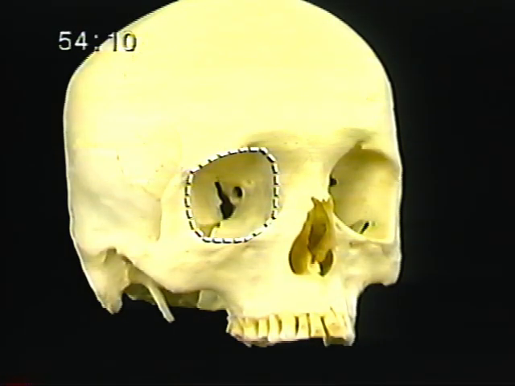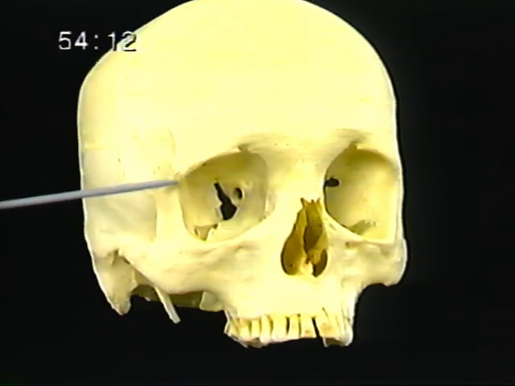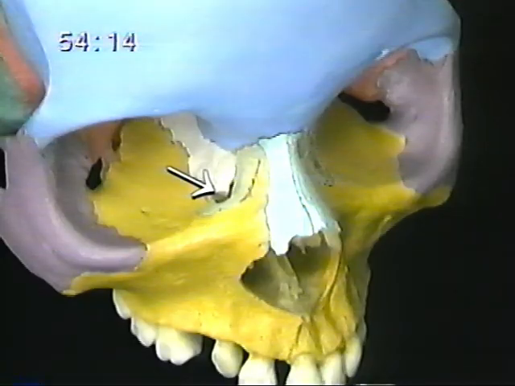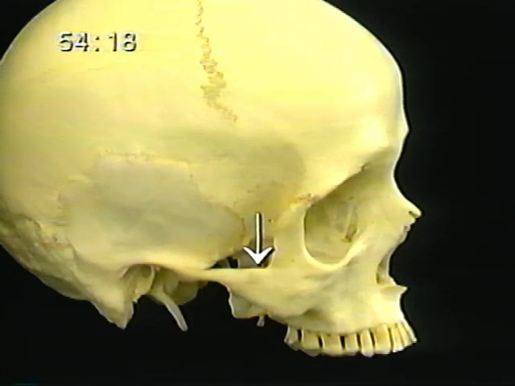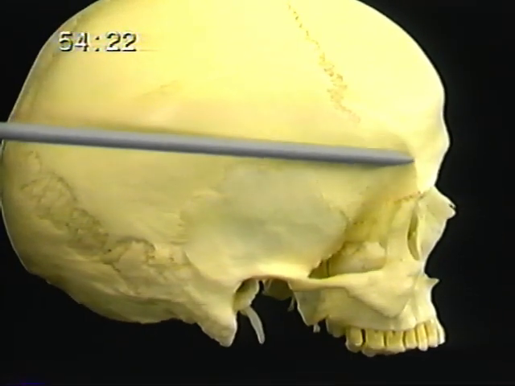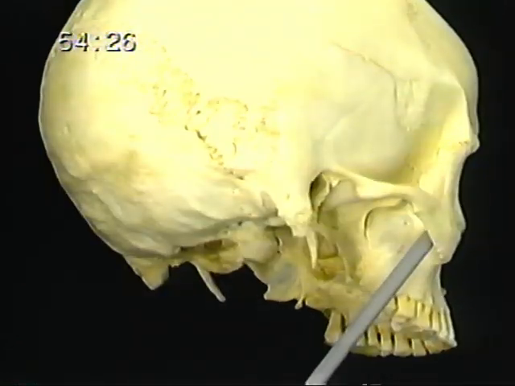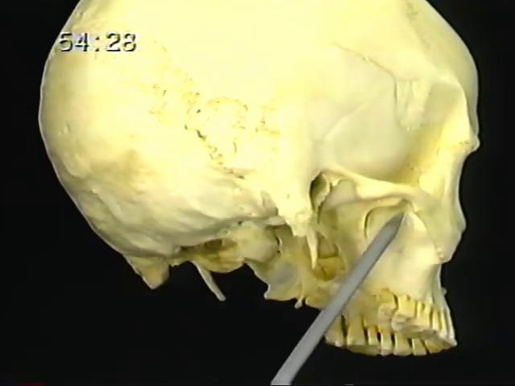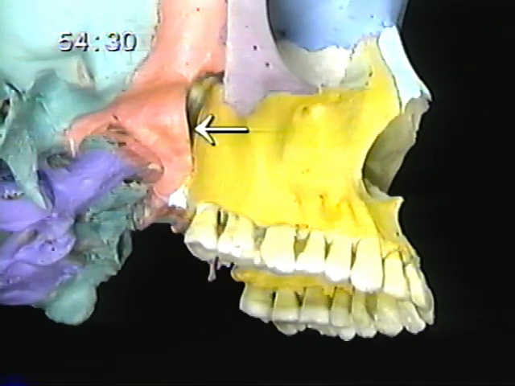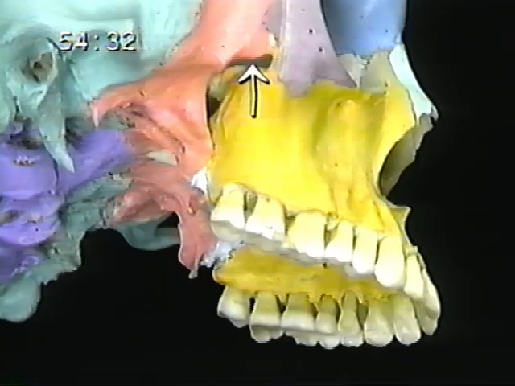Here's the orbital cavity, the orbital margin, and the opening for the nasolacrimal duct. Here's the zygomatic arch, the temporal line, the temporal fossa, and the infratemporal fossa. Here's the pterygomaxillary fissure and the inferior orbital fissure.